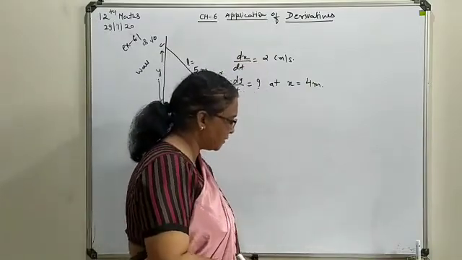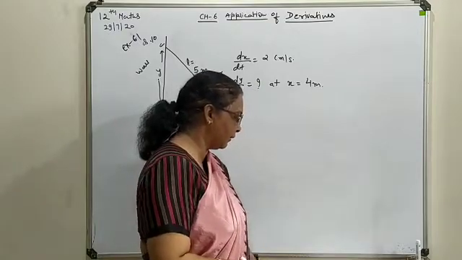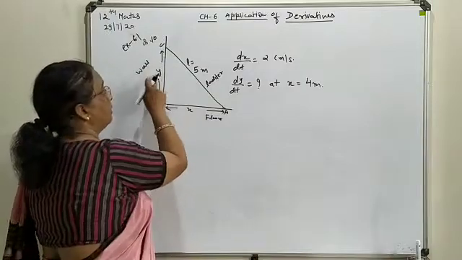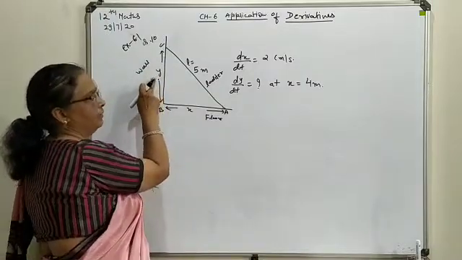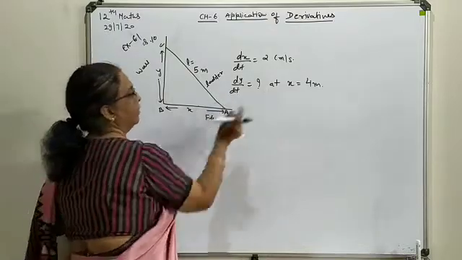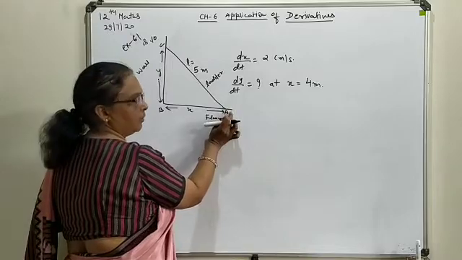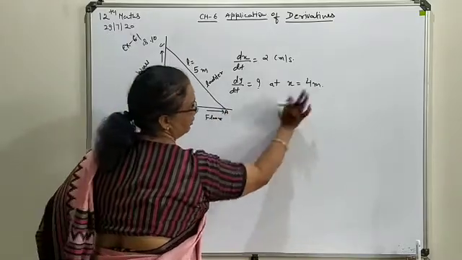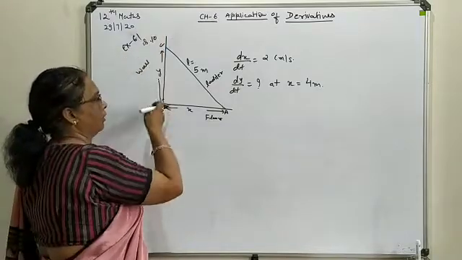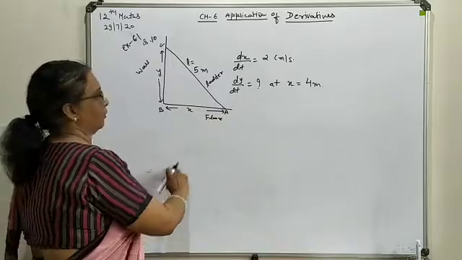How fast does the height on the wall decrease when the foot of the ladder is 4 meter away from the wall? That means we have to find the change in this height, which we have taken as y, that is dy by dt, when the distance between the wall and the bottom of the ladder is 4 meter. This is the wall, this is the ground, obviously a right angle is formed.